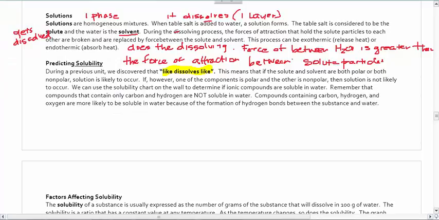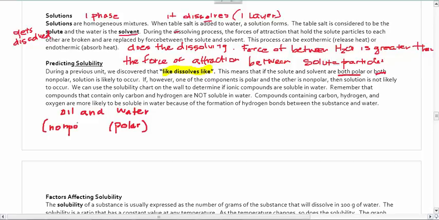So these are either both polar or both nonpolar. You can't have a nonpolar substance dissolving in a polar substance or vice versa. And again, for lack of imagination, this is your oil and water example. We know water is very polar, and oil is nonpolar.